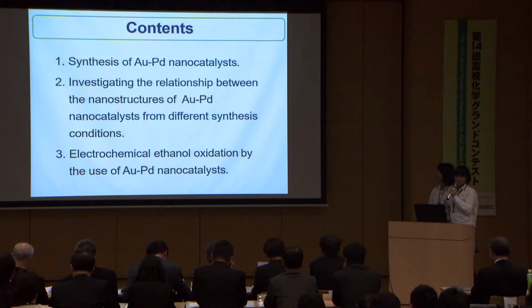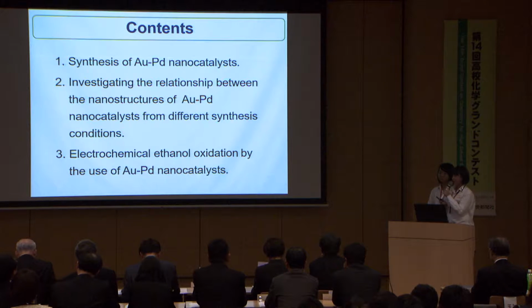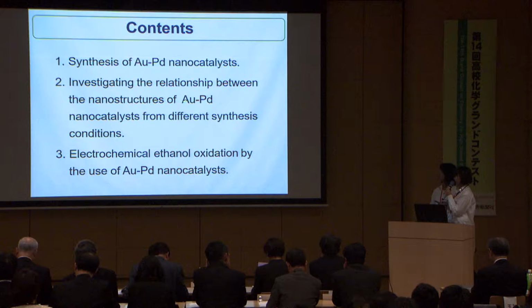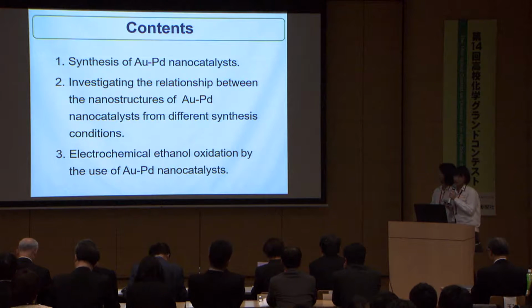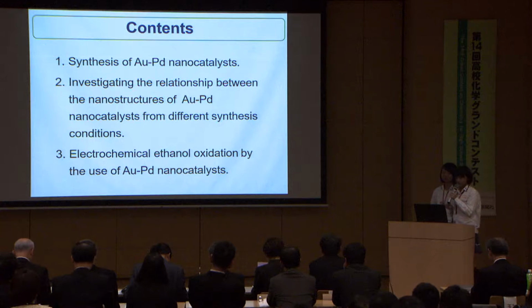The research purposes of our study are as follows. First, synthesis of AuPd nanocatalysts. In the beginning, we use a one-pot compound to synthesize the nanoparticles. Second, investigating the relationship between the nanostructure of AuPd nanocatalysts and different synthesis conditions. In the study, we mix two different surfactants in the synthesis to study the structural change.